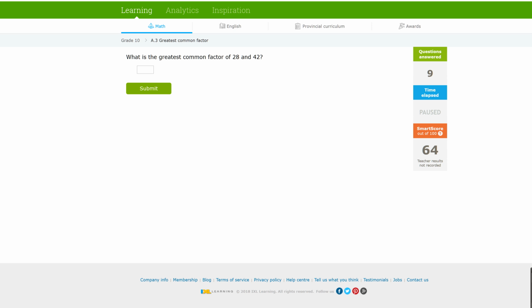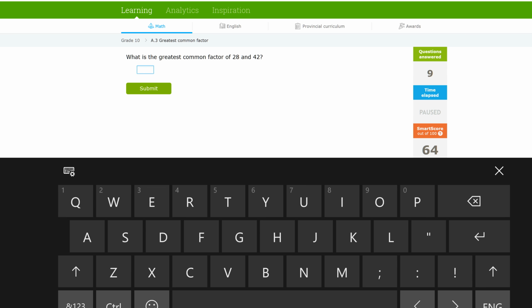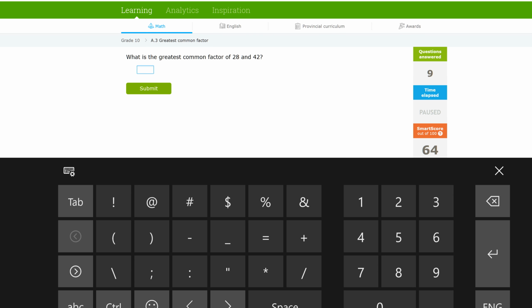So we learned that the greatest common factor of that is 14. That was 14, and now 61 and 66.